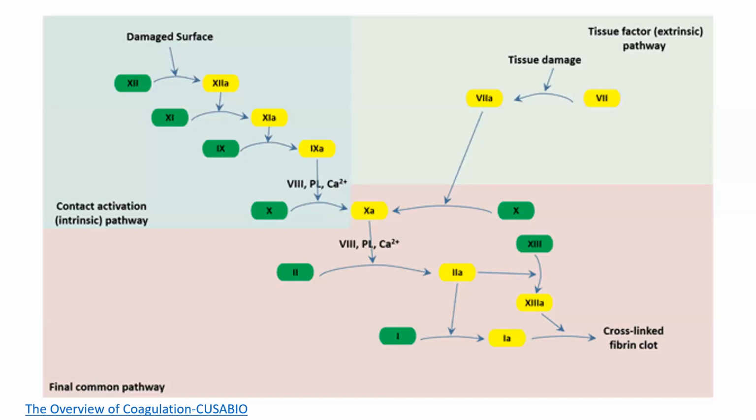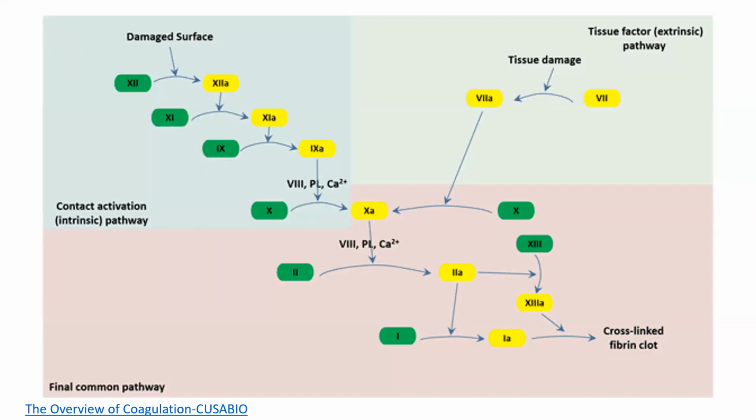There are a lot of places along the cascade where things can break down, especially because there are so many cofactors, proteins, vitamins that are required, electrolytes like calcium. You can see here calcium is critical in a couple of these different places. So you can see there are a lot of ways where if one thing is missing or consumed or inactivated or inhibited, you will have an alteration in the clotting cascade.